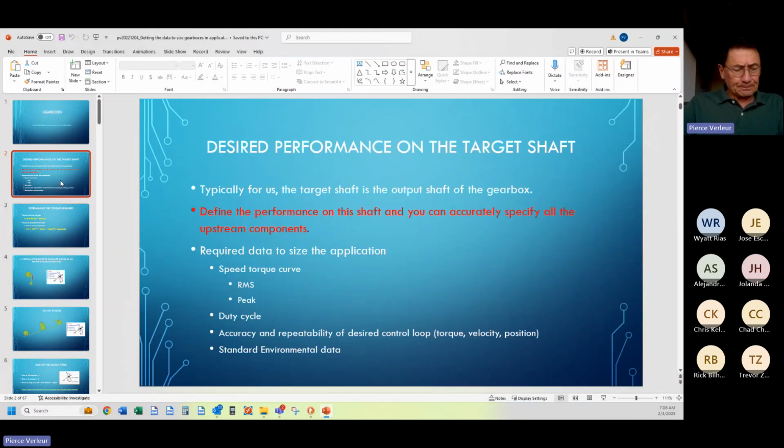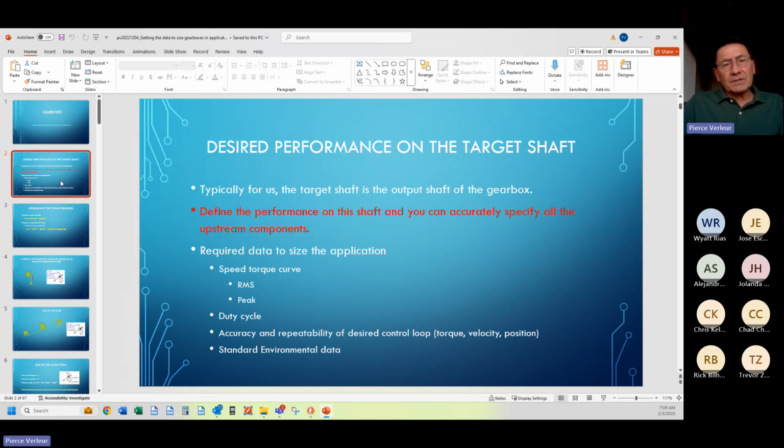The customer may drive something else with that. Well, obviously they're going to drive something else with that target shaft. They're going to attach it to chain and sprocket or some belts, or maybe directly drive the machine that they're designing, and they're responsible for the design downstream. Upstream, we're responsible for the design.